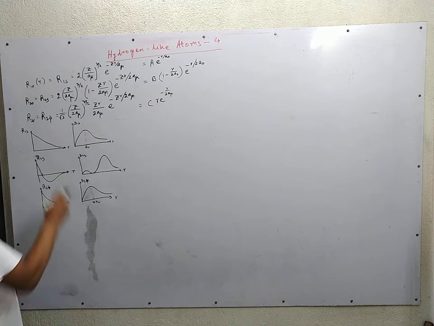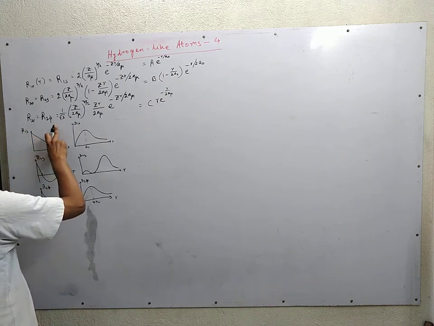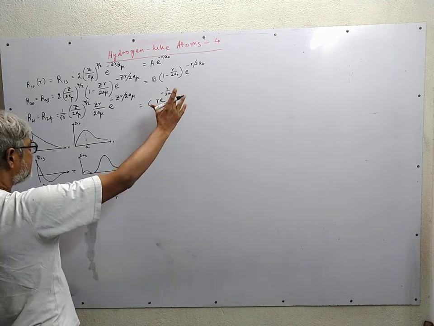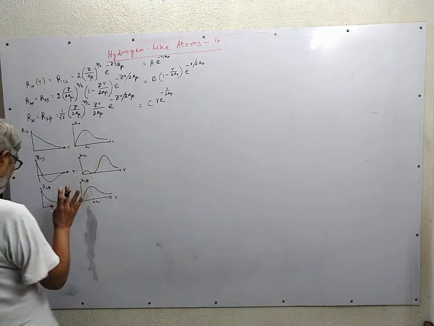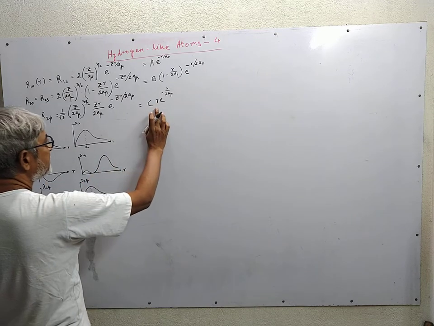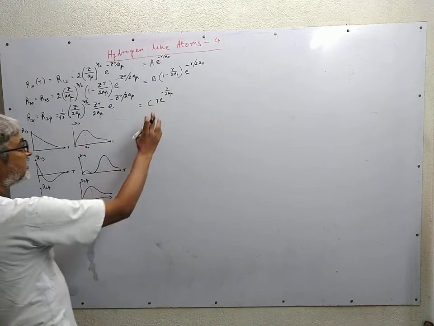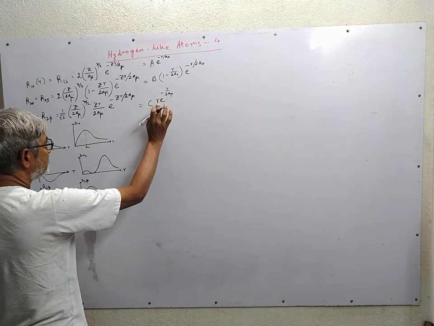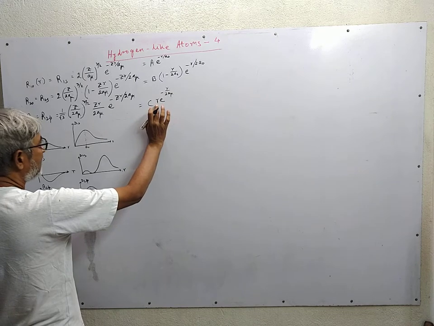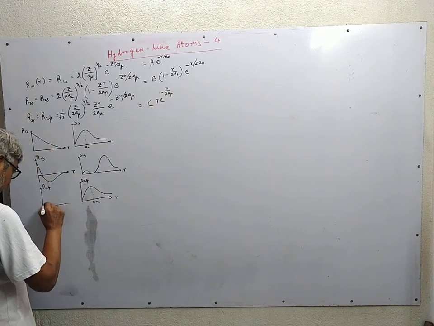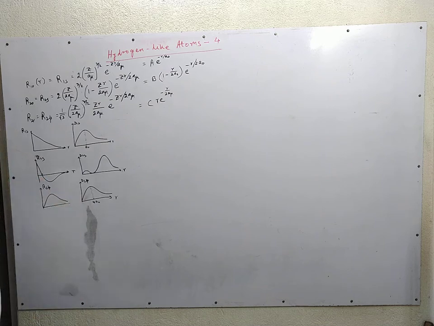And for R21, that is R2p, the state can be written in this form. This wave function is 0 at r equal to 0, and with the increase of r, this part initially starts increasing due to this factor, but for higher values of r, this part starts dominating and the function has this form.